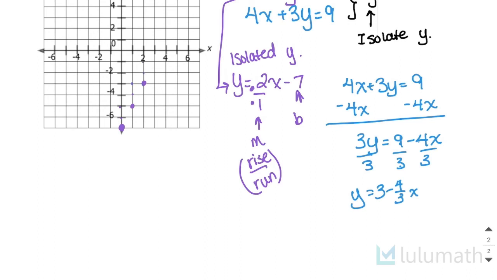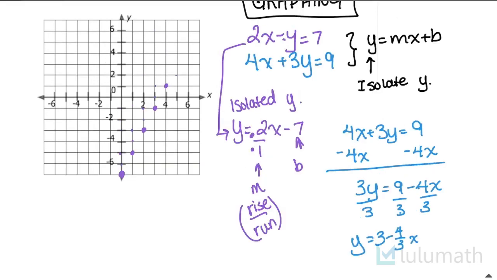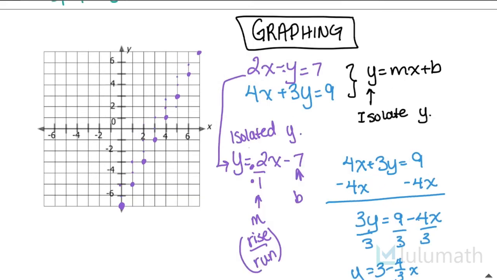And I'm just going to keep going up 2, over 1, until I run out of room. As long as you have enough points in order to connect the dots and not have to worry about your line being slightly inaccurate, because it's really important that it's accurate when we are solving systems by graphing, then you should be good to go.